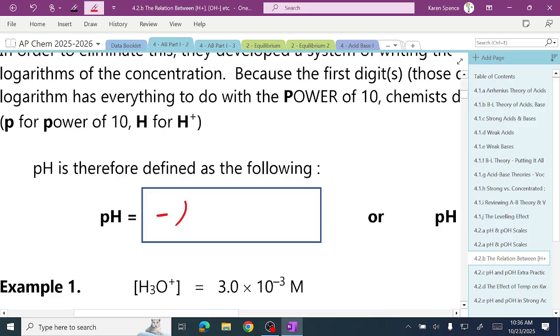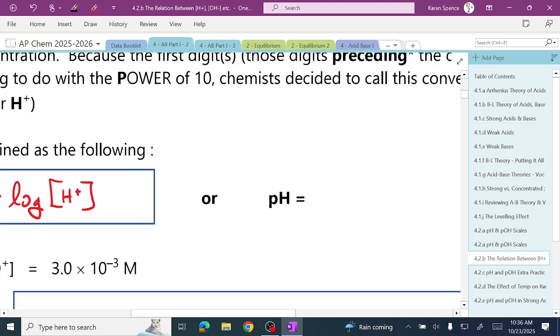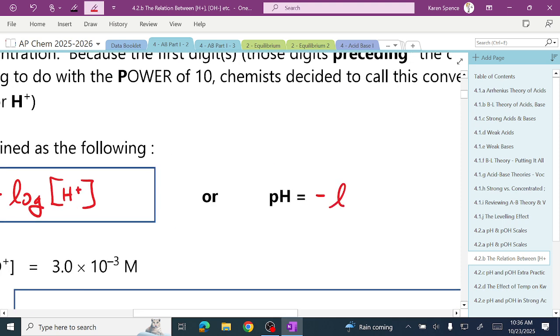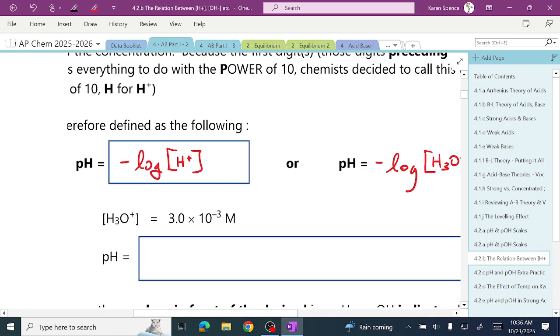pH is, of course, the negative log of H, or what's the other way we can write it? Negative log of H3O plus. Okay, both of those are correct.